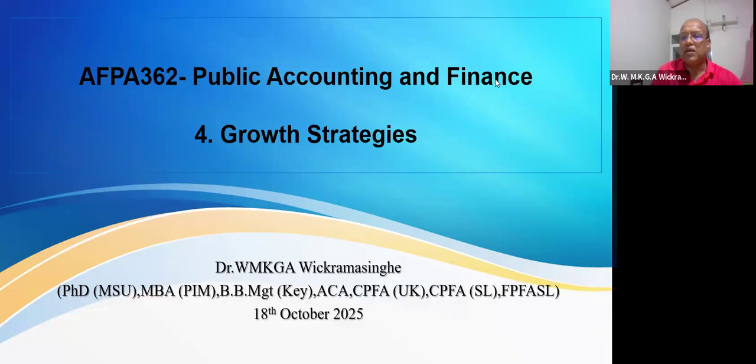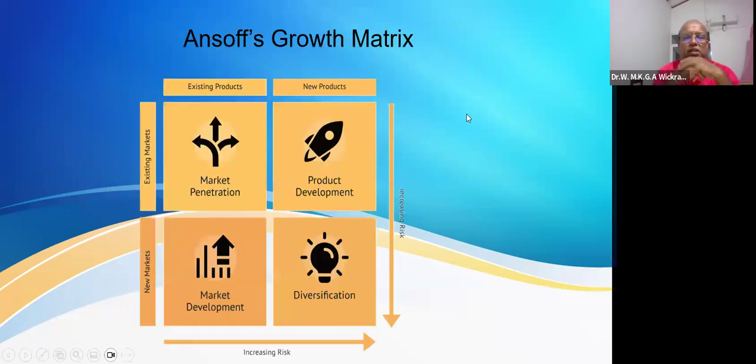So this is the answer of the growth matrix. There are 4 quadrants. If you need to see more details, you can search Google and get more detail, but I am here to give a brief explanation.